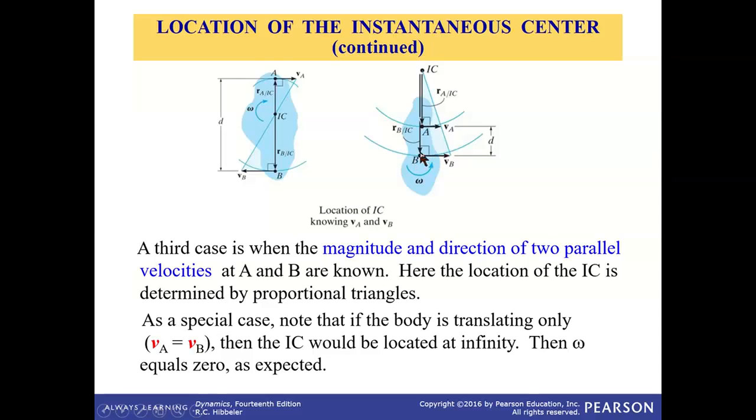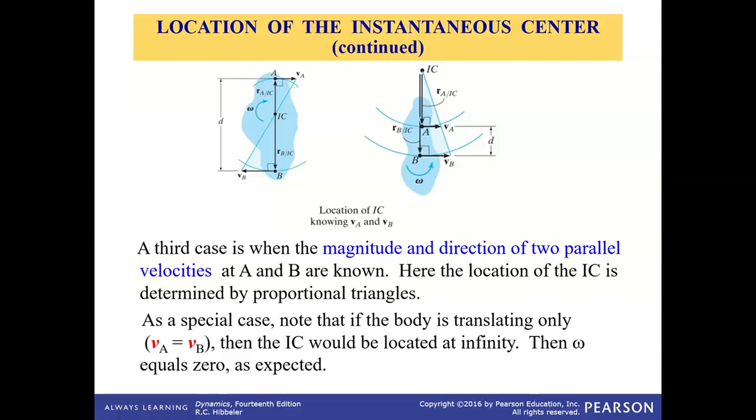For that, you draw a line which passes from A to B and extend it vertically up, and then you draw another line from tip to tip of the velocity vectors and extend it, and wherever it intersects with the first line drawn from the tail of both the arrows, that intersection point is the instantaneous center, and that's how you find the instantaneous center.